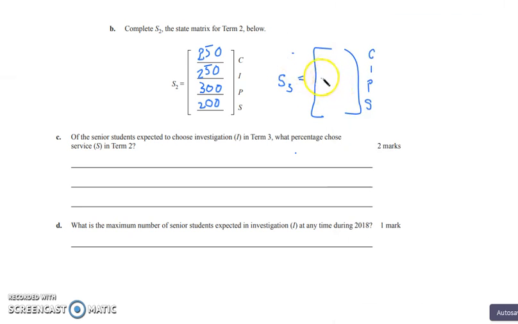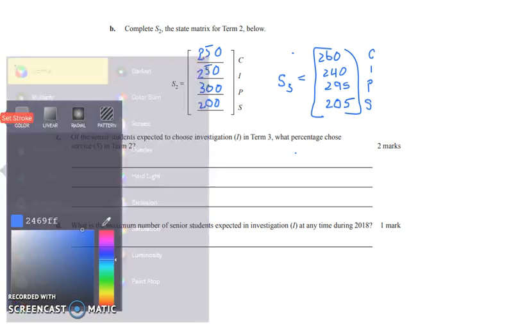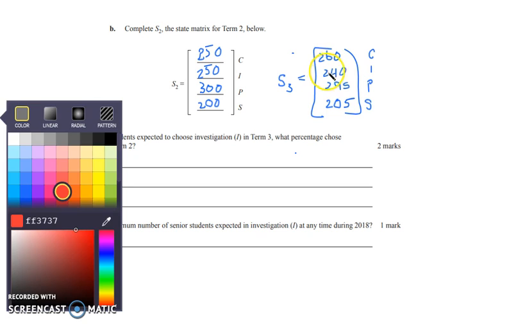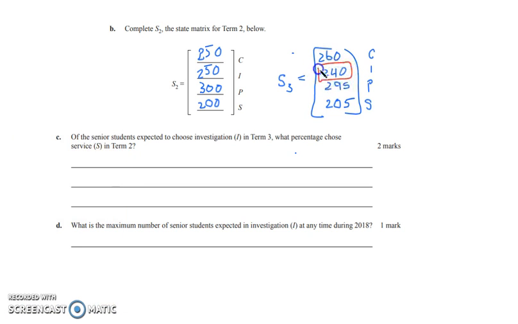So let's place them into our values here: 260, 240, 295, and 205. Now, what this question is asking is, of the senior students choosing investigation in term 3, what percentage chose service in term 2?